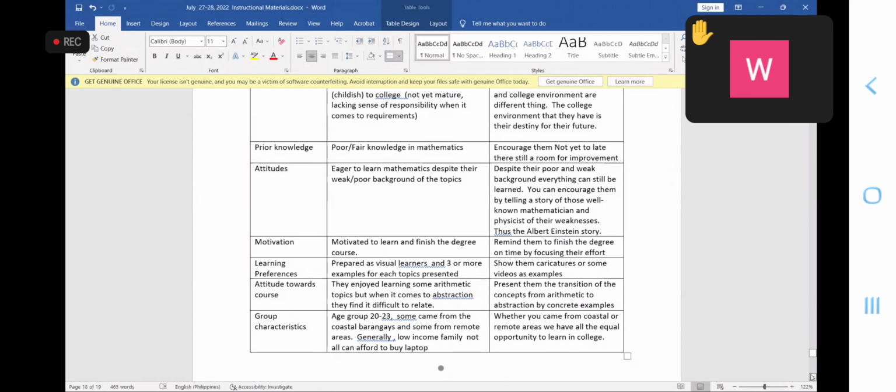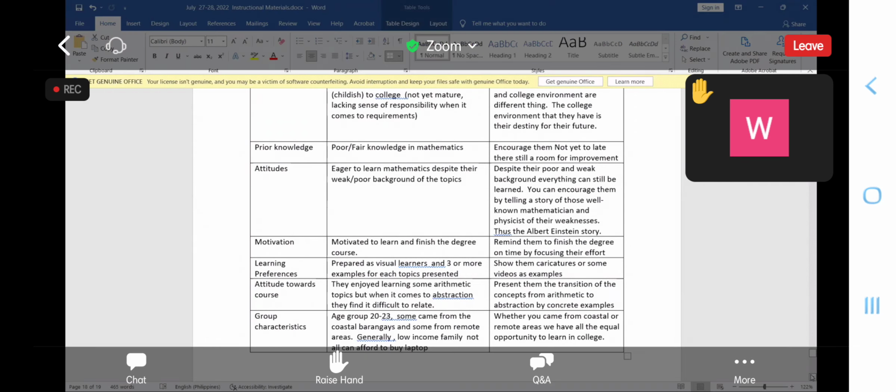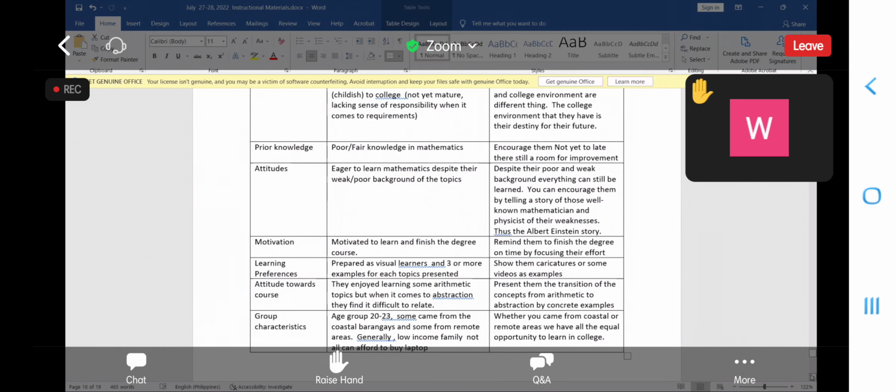Generally low-income families, not all can afford to buy a laptop or even internet access. Whether you came from coastal areas or not, we all have equal opportunity to learn in college. Thank you, and that's all for my presentation.